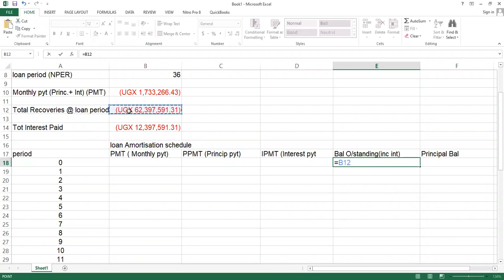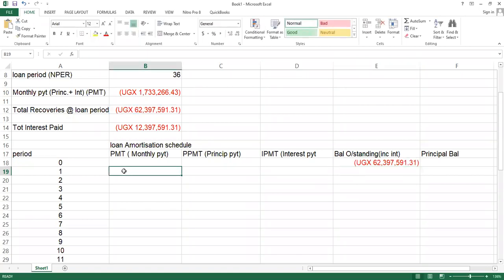So that is what the bank expects to recover. Then I come here, I determine my monthly payment. And of course, the procedure is the same. The way I determine the monthly payment here, it is going to be the same procedure.